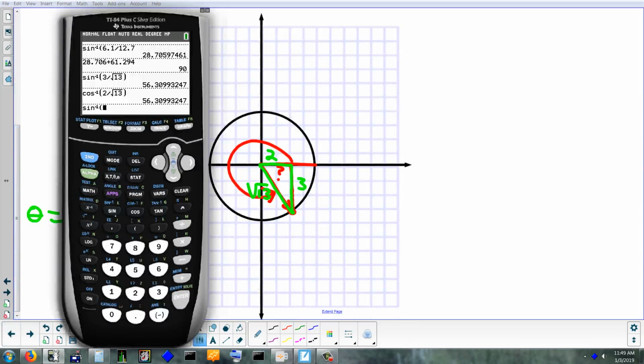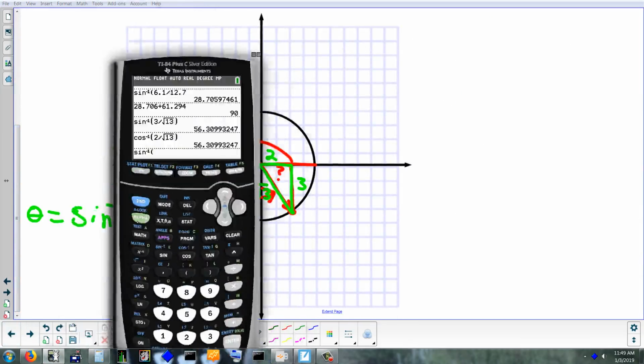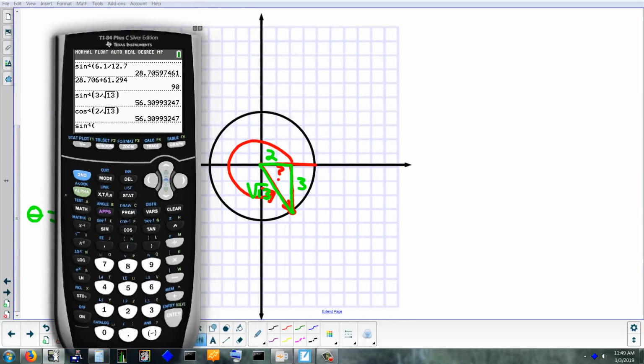So inverse sine of -3 over square root 13. It's not really critical you close parentheses because you're not typing anything else after it, but if you want to, just don't accidentally hit 2 parentheses.